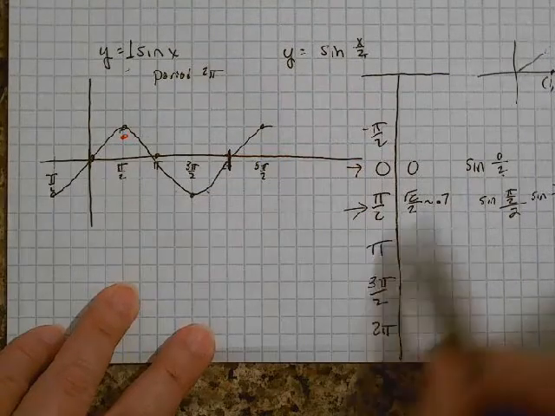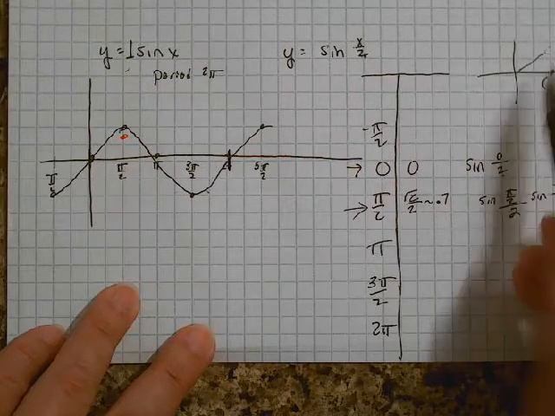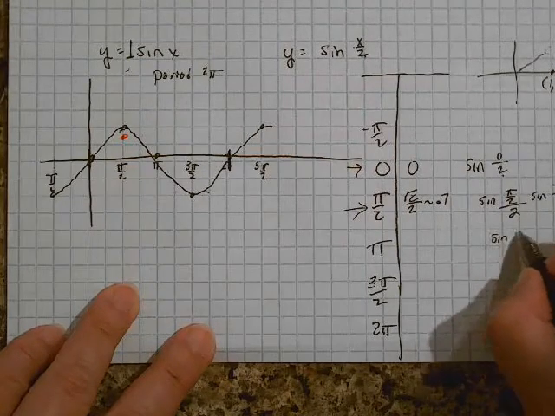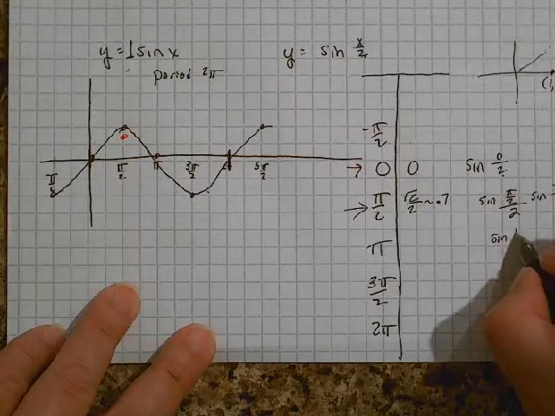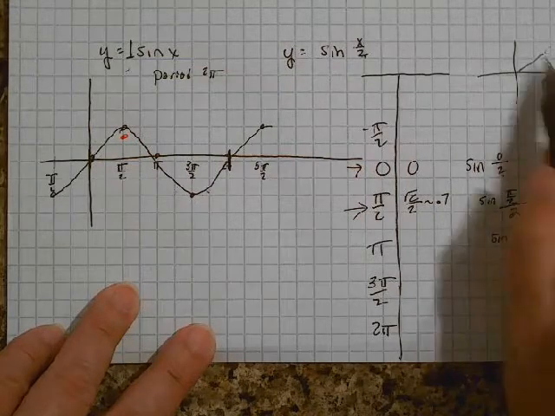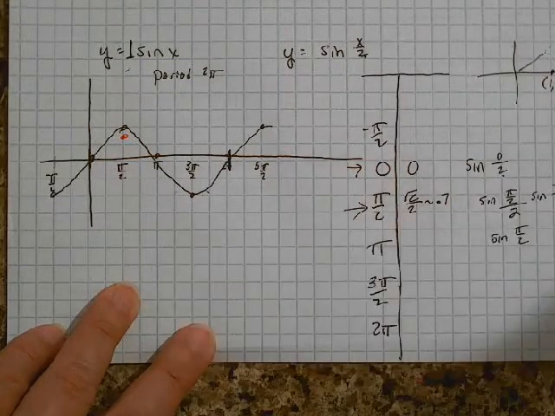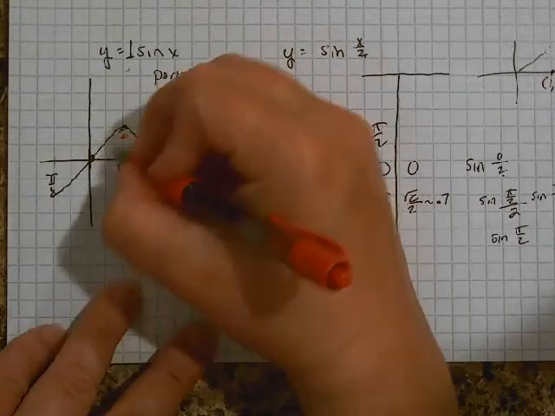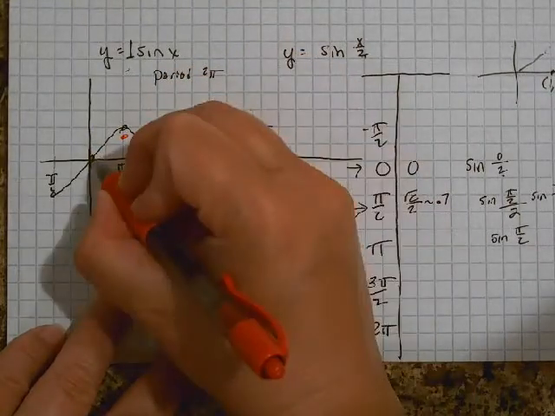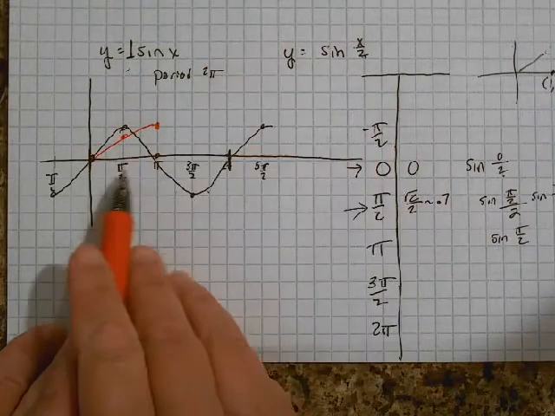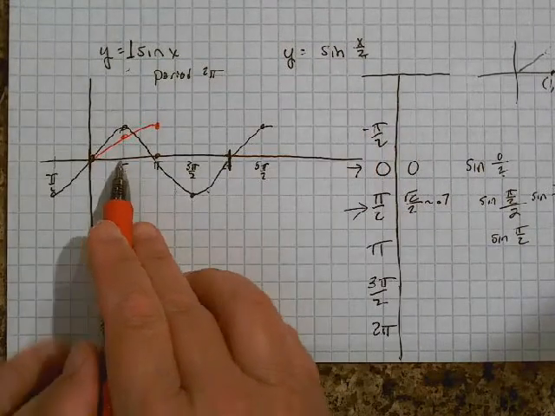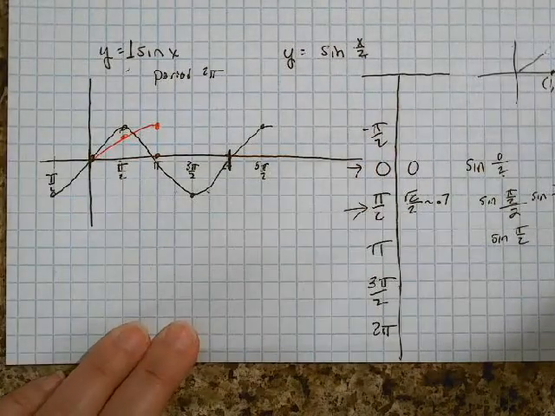If I think about pi, if I go all the way around to pi, so I have sine of pi over 2, that is right here, which is 1. So it takes all the way over to pi to get up to 1, whereas before it went up to 1 at pi over 2.